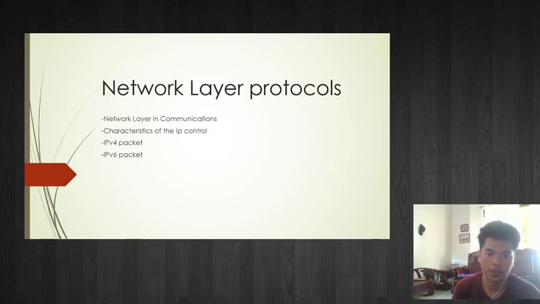So the next one is the characteristics of IP. IP was designed as a protocol with low overhead. It provides only the functions that are necessary to deliver a packet from a source to a destination over an interconnected system of networks.